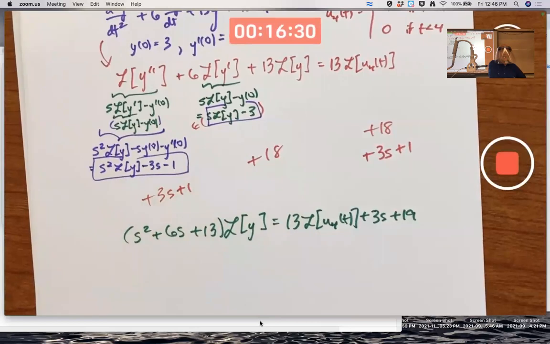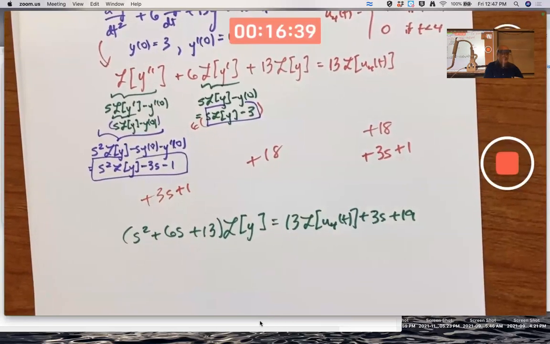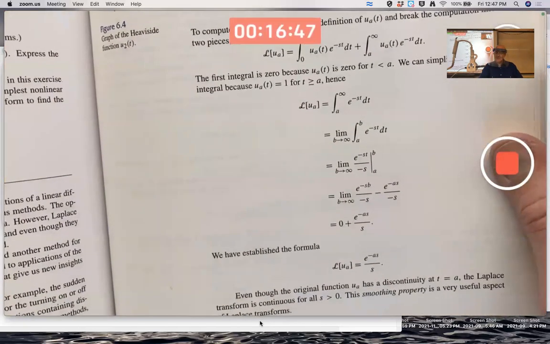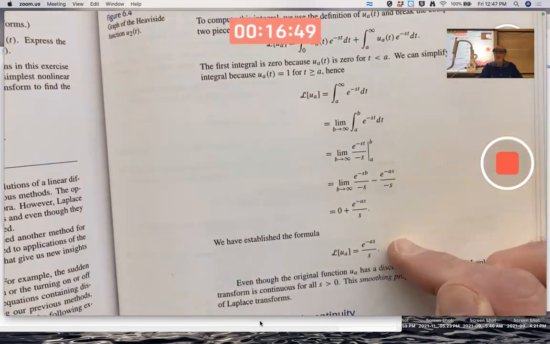I won't take the time to derive it, but the book does derive the Laplace transform of a general unit step function with discontinuity at t equals a. And you should have even read about it already. It's on page 579. It's right there.